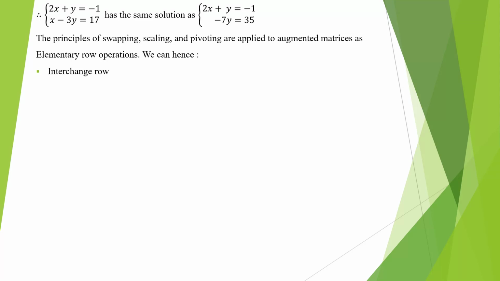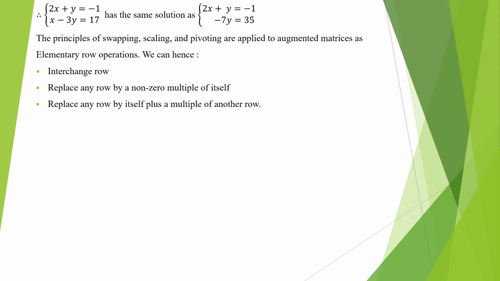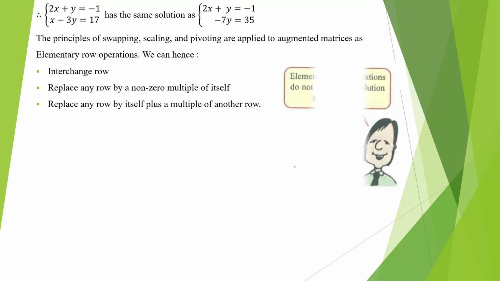So the principles of swapping, scaling and pivoting are applied to the augmented matrix as elementary row operations. We can interchange rows, replace any row by a non-zero multiple of itself, and replace any row by itself plus a multiple of another row. These are the elementary row operations. They do not change the solution of the system.